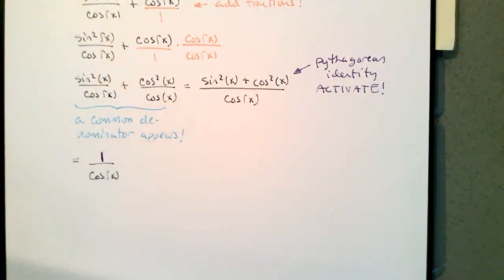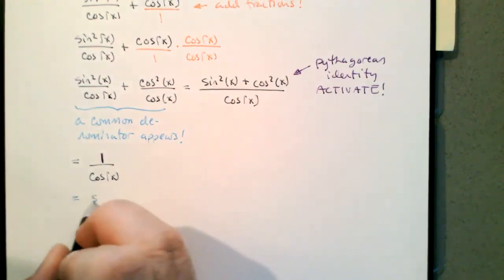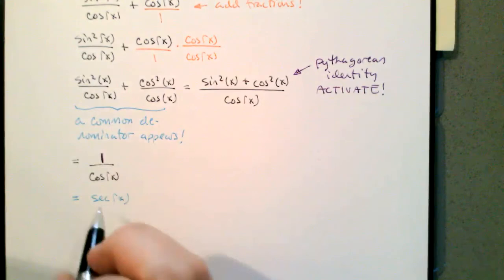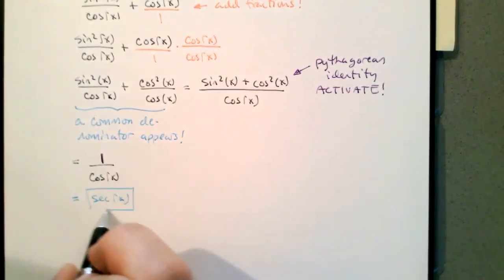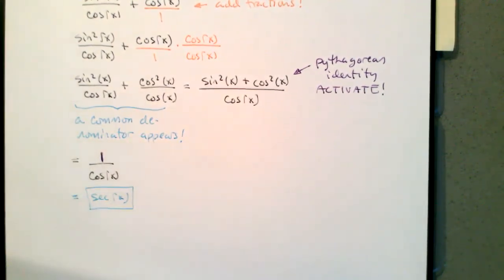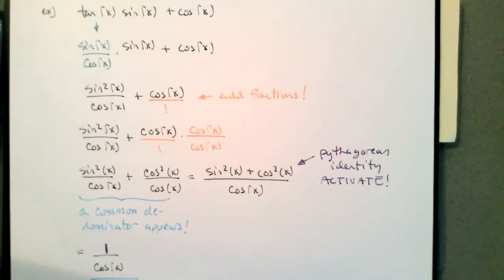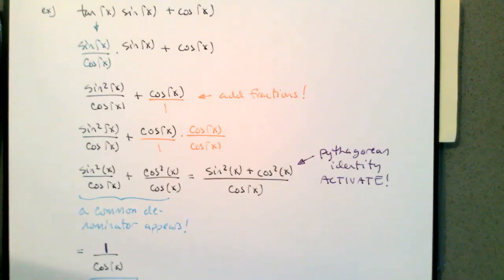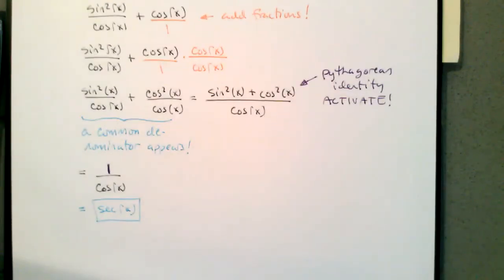And now we have this expression 1 over cosine. I can replace that with secant using a reciprocal identity. So instead of having tangent x sine x plus cosine x, we can replace that all with secant x.